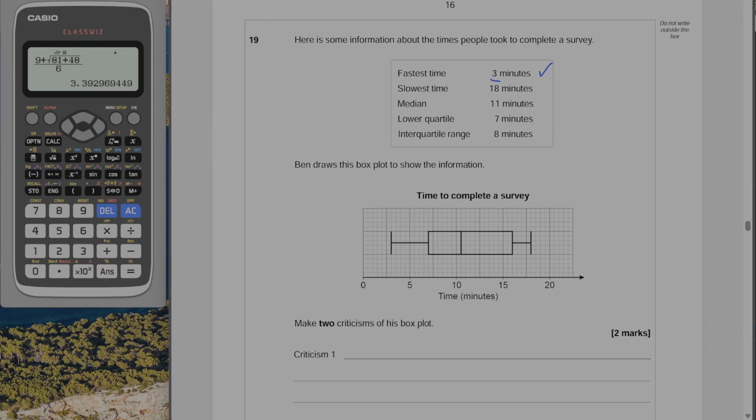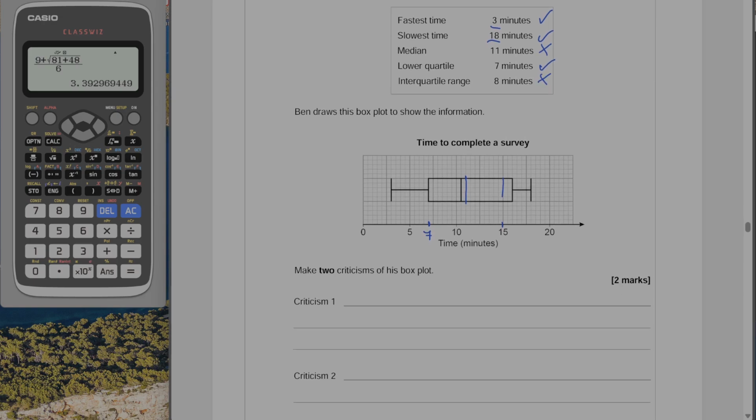He's entered that one right as well. Median of 11. He's not entered that right. Lower quartile 7. He's entered that right. Interquartile range 8 minutes. So difference between 7 and the upper quartile, an interquartile range of 8 would take us to 15.